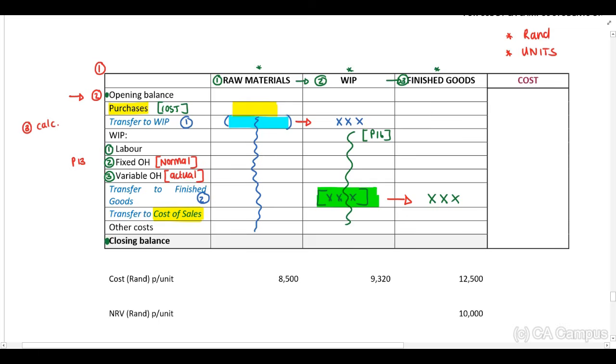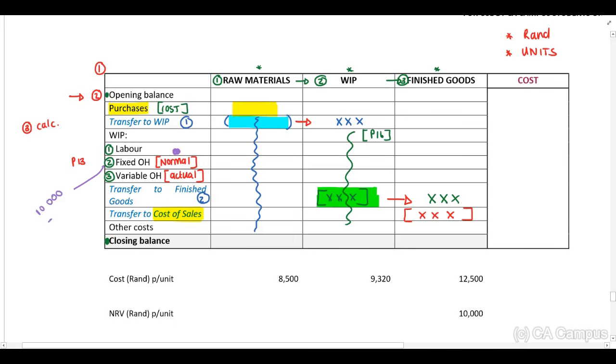Remember this cost of sale portion that we take out of our finished goods and transfer to our cost of sales. You will have to remember, if we have calculated our fixed overheads based on our normal capacity, let's say for example, our normal capacity is 10,000.